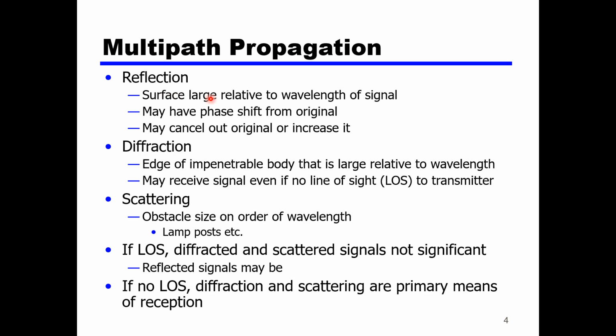So if the object's surface is large compared to that wavelength, then it will be reflected, and may have a phase shift from the origin. So if the signal propagates by multipath propagation, a phase shift from the original will occur. Phase shift means some signals are in phase and some signals are out of phase. If both signals collide with each other, then sometimes they may cancel out, and sometimes they may increase also.